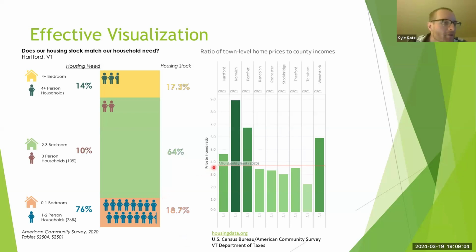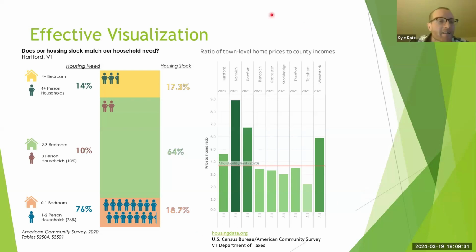How many bedrooms do we have per house? Hartford's a larger town, so this data set was a little more accurate because we were working with a larger population. But it's a great way to visually show that there looks to be a mismatch between our household size and the size of our homes.